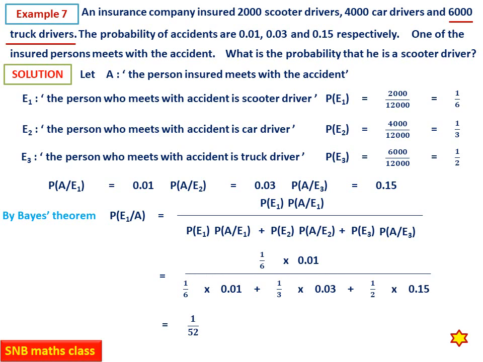So substitute 1 by 6 into 0.01, divided by 1 by 6 into 0.01 plus 1 by 3 into 0.03 plus 1 by 2 into 0.15. Simplify this, you get 1 by 52. So this is the answer. Example 7.